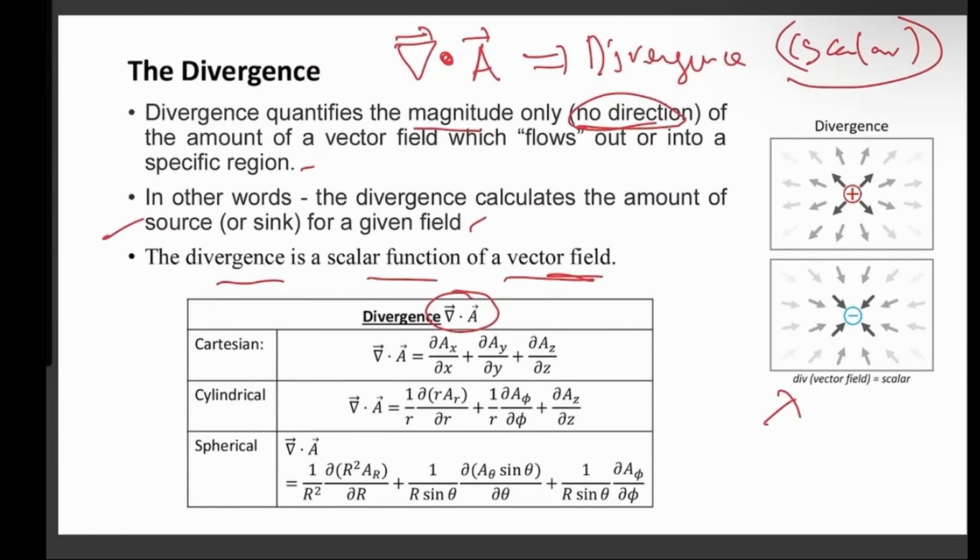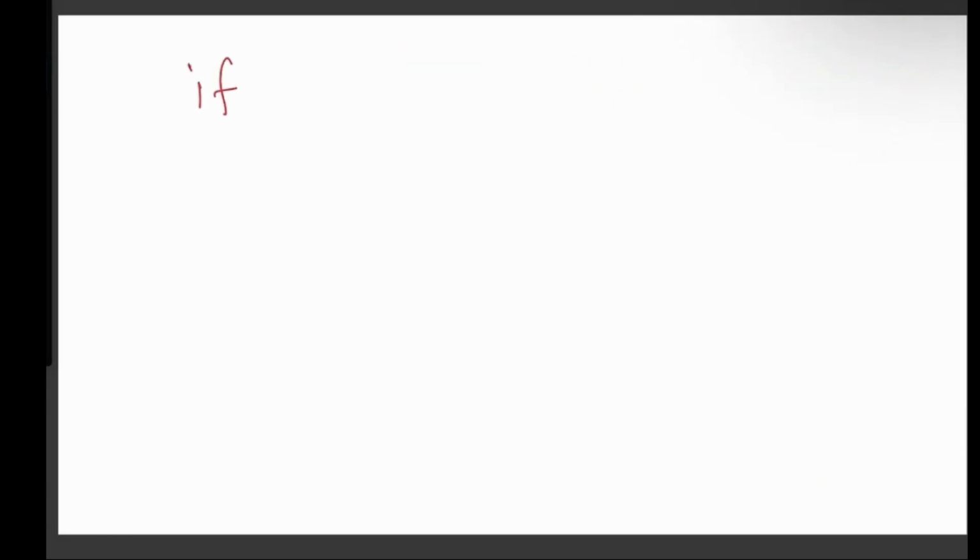For example, we just add, so the output will be a number. If our number is greater than 0, this kind of direction we call divergence. If del dot A is greater than 0, a positive number, we call this divergent.